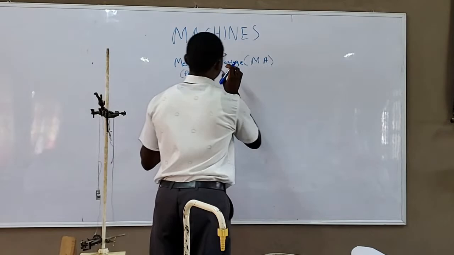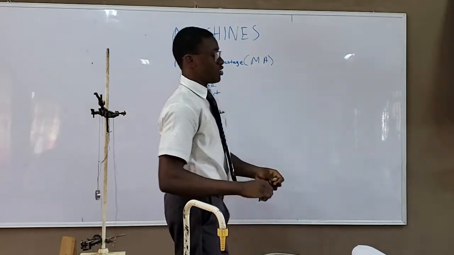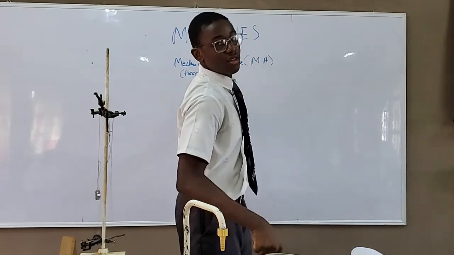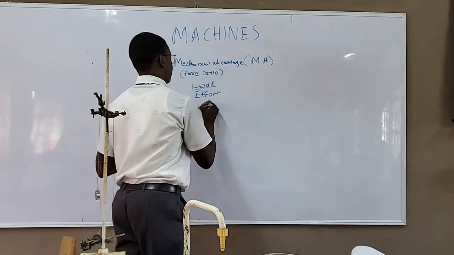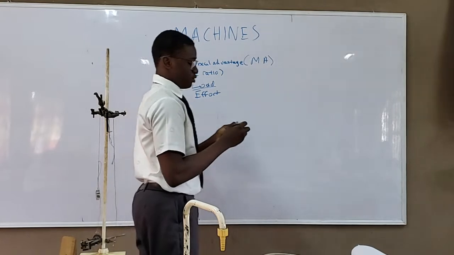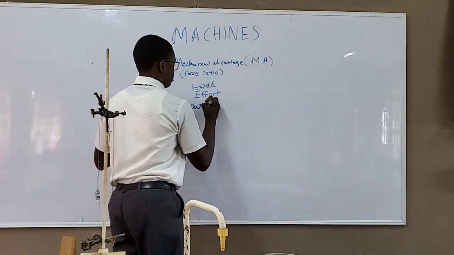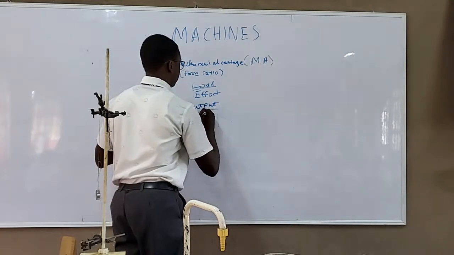The reason it is called force ratio is because it is the ratio of two forces, load and effort. Load is also known as output force and effort is known as input force. So you can see mechanical advantage is output force all over input force.